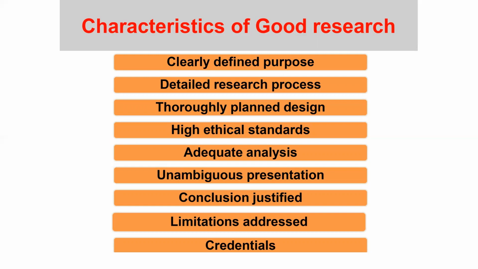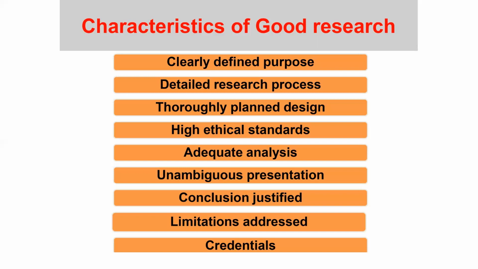Limitations addressed. In doing research, there will be limitations: limitations in terms of distributing your survey, your resources, whatever comes in. You need to mention what the limitations are and what you have done to overcome them.